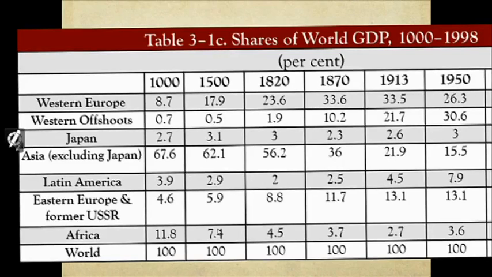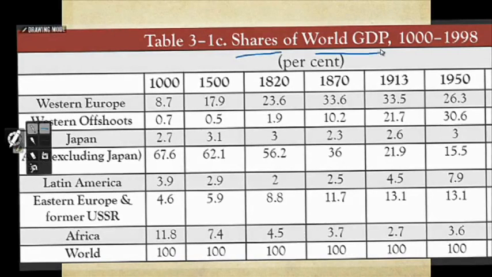Now I want to zoom in on this idea, shares of world GDP. So basically, what regions of the world are producing the most stuff during this period? Well, in 1500, Asia, excluding Japan, is producing 62% of the world's stuff.